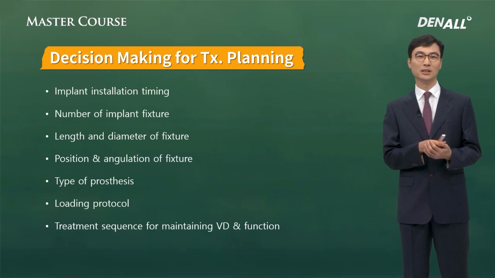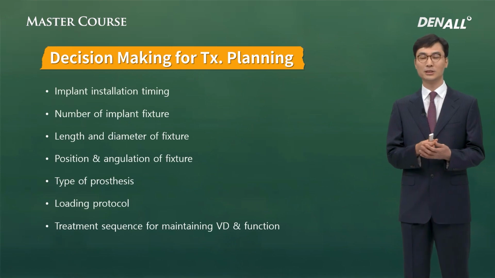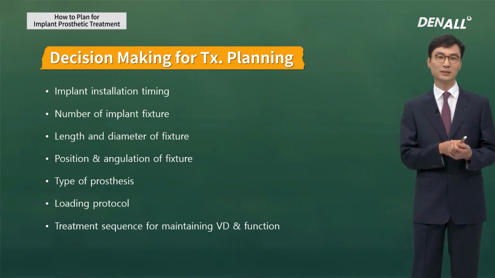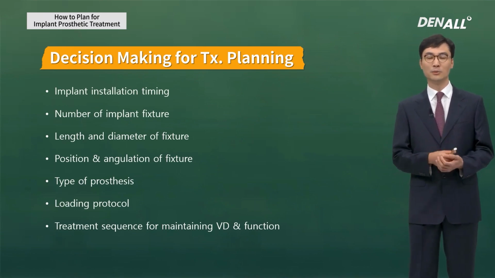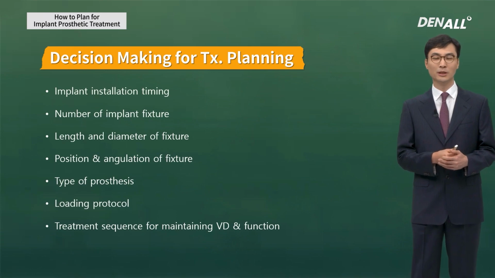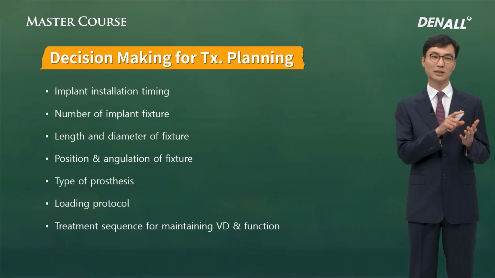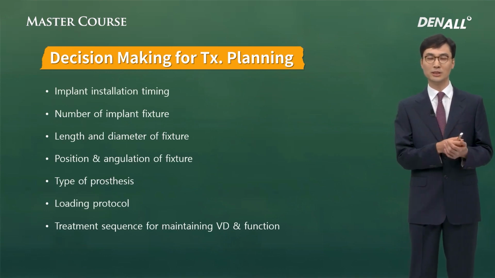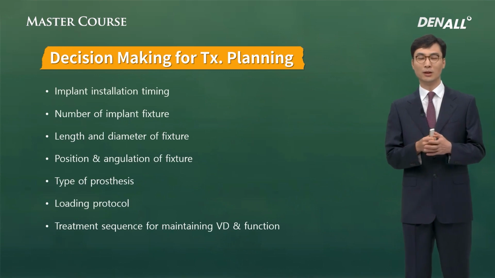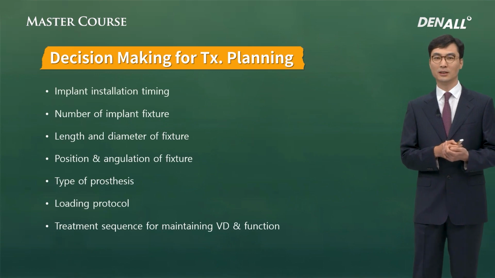When to place the implant, how many implants to place, how thick or long should they be, what kind of restoration type should I use, what kind of loading protocol should be used, these need to be determined. You need to make sure that the patient's VD as well as the function is maintained. Also, you need to consider how to prioritize these factors.